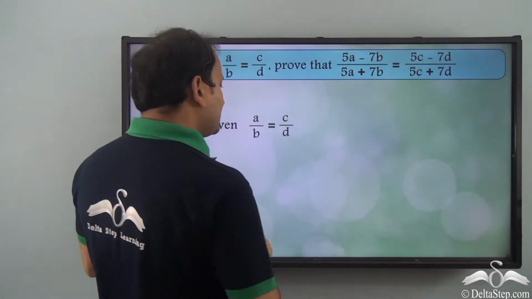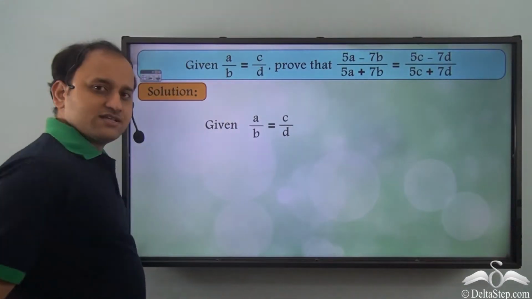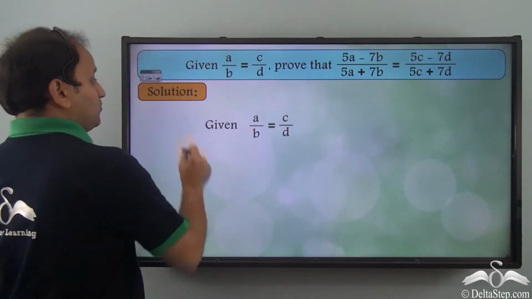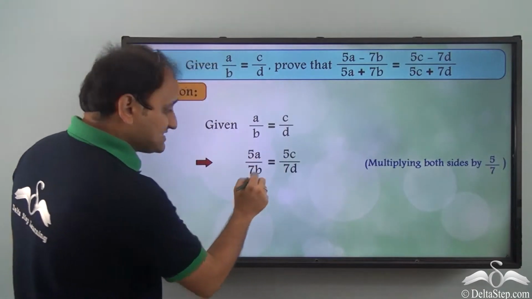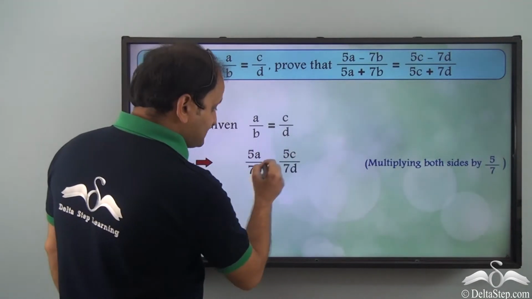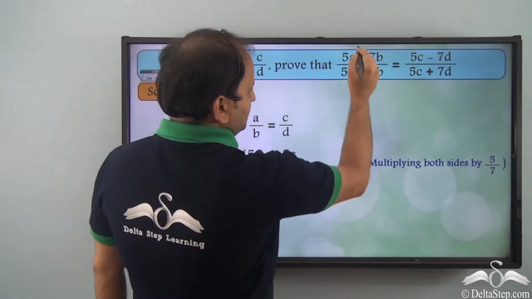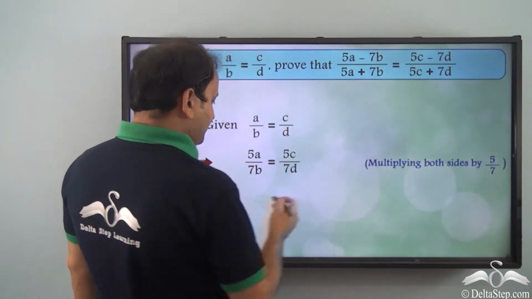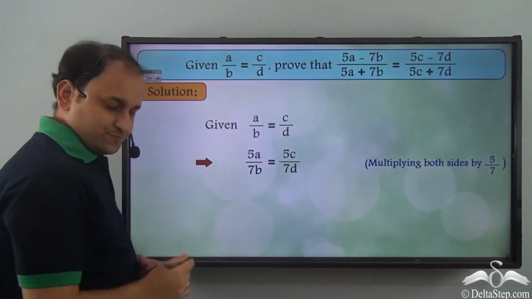So, what we can do is, we can multiply both LHS and RHS with 5 by 7. What it will give us is, we will get 5a by 7b is equal to 5c by 7d. So, it is very similar to what we need to prove. So, we have got one step closer to the solution.